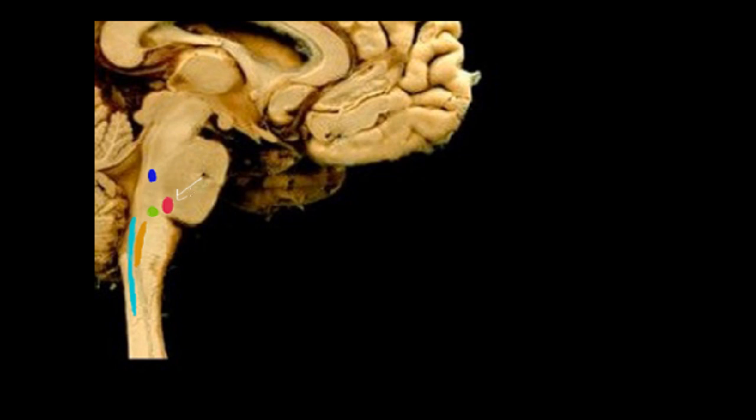This one is the facial nucleus, and this green one is called the superior salivatory nucleus, and the brown here is called the tractus solitarius nucleus, and the blue one here is called the spinal nucleus of the trigeminal nerve.